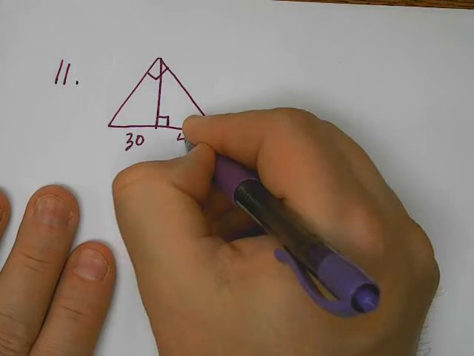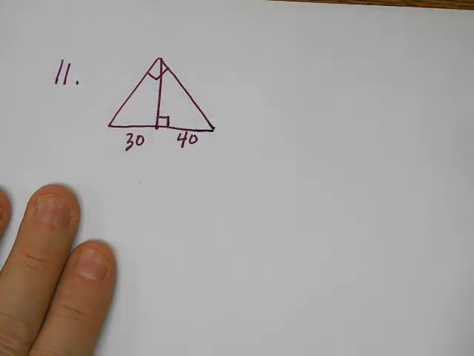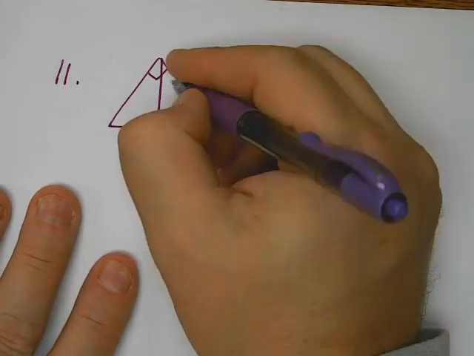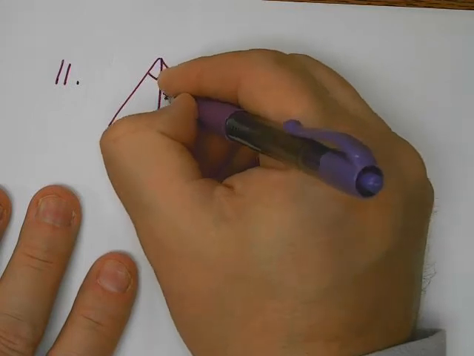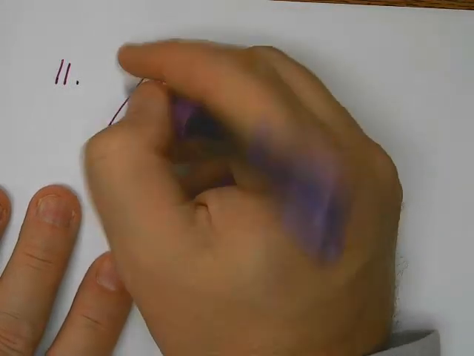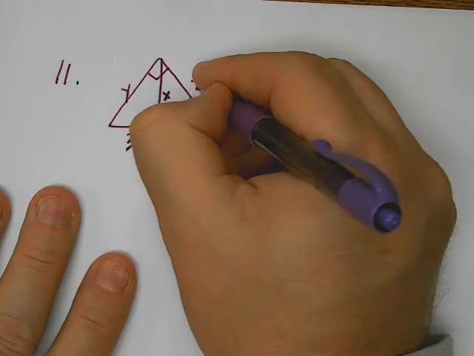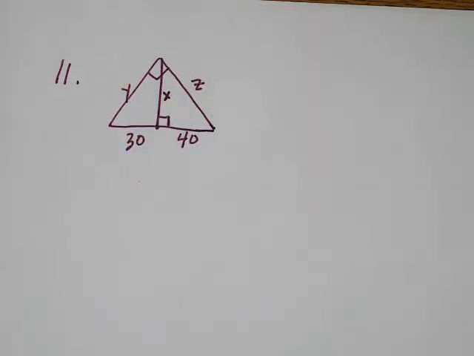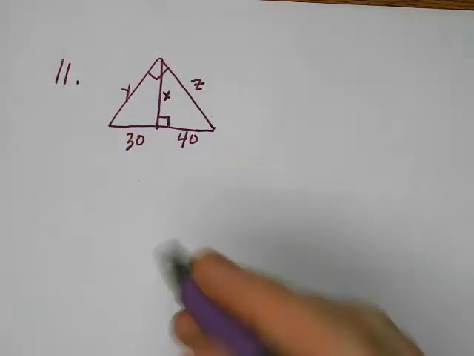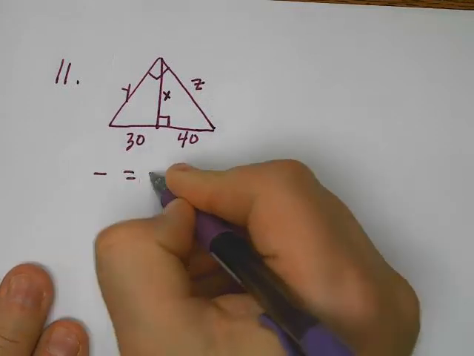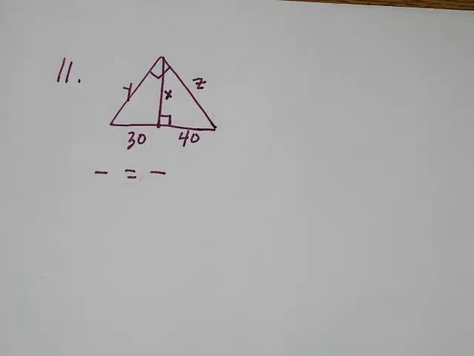So 30 and 40. And then we have x is the geometric mean. X is also the altitude. We have y and we have z. Okay, let's start with x. X is the geometric mean. This is from our notes that we talked about last week.